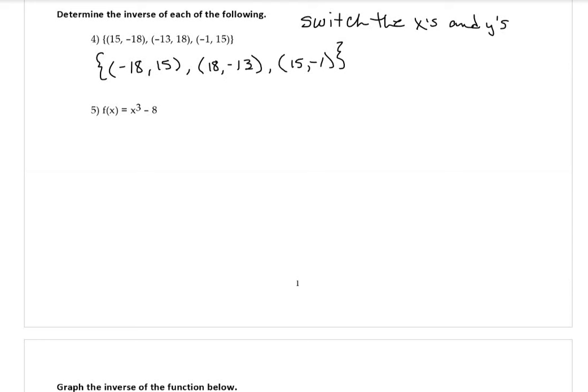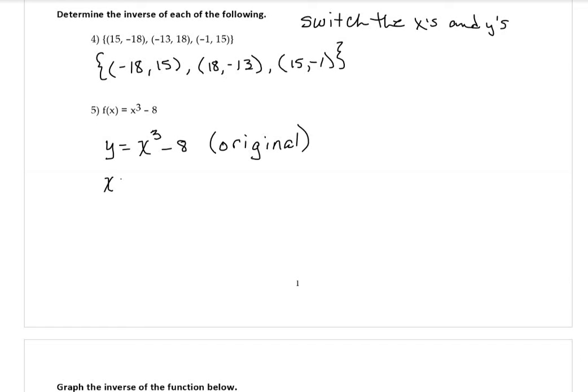Right, my next problem, I am given an equation. I'm asked to find its inverse. So the first thing I'm going to do is write this as y equals x cubed minus 8. And just so I don't get confused, I'm going to label this as my original equation. So now I know that I need to switch these x's and y's in order to find the inverse.